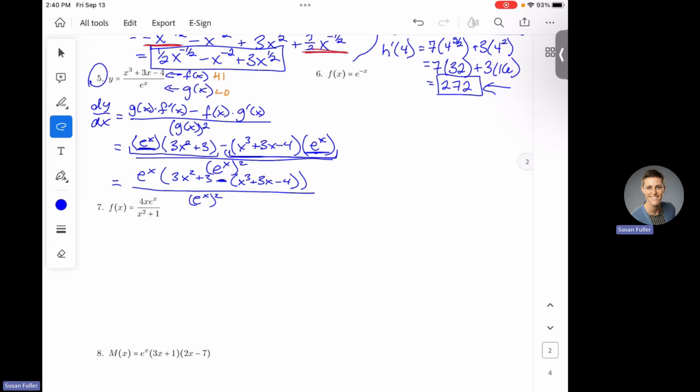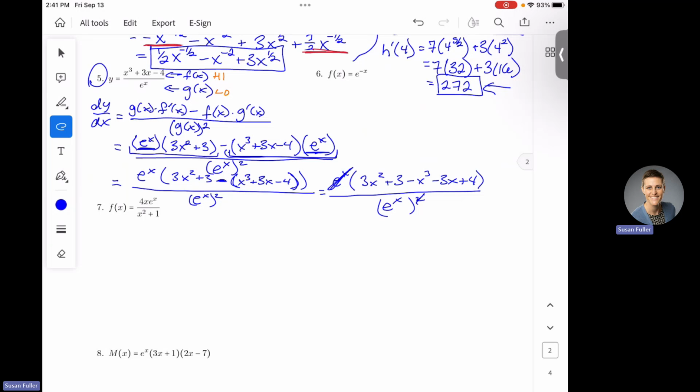And notice because I'm subtracting this entire thing, I'm going to have to distribute that negative. So we'll have e to the x times 3x squared plus 3 minus x to the third minus 3x plus 4 all over e to the x squared. And then this e to the x cancels one of these e to the x's.